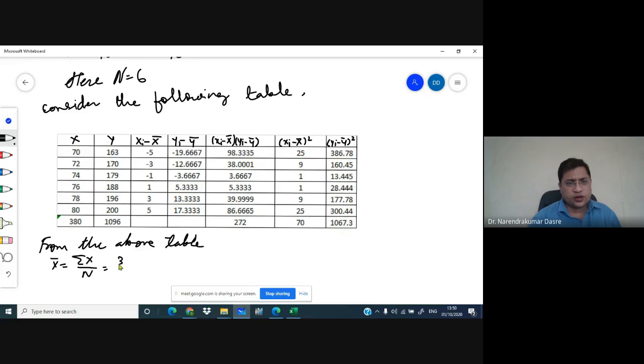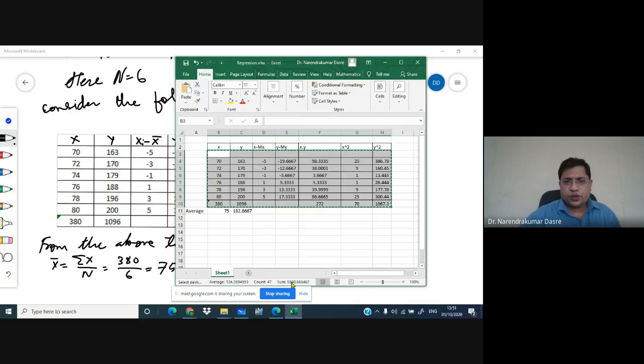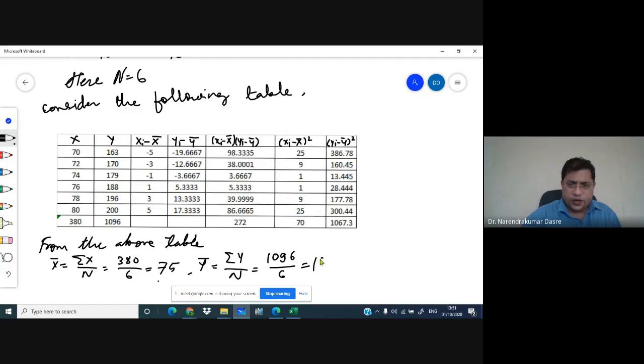Here you got 380 by 6, so it is 75. y bar is equal to summation y upon n, and this is going to be 1096 by 6. So you got this value to be 182.667. These are the values that I have used for the calculation.